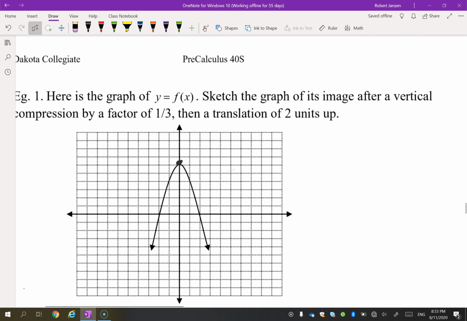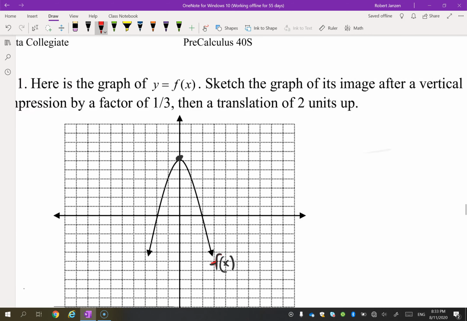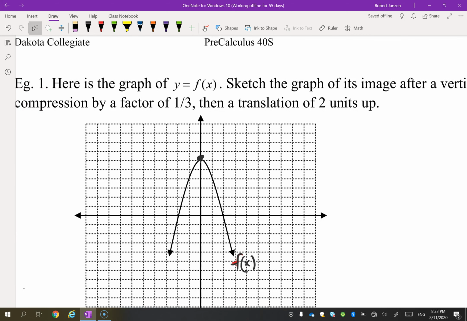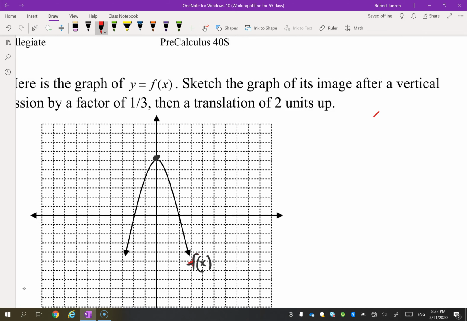Here's the graph y equals f of x. So we're calling this f of x. It says sketch the graph of its image after a vertical compression by a factor of 1/3. Vertical compression means multiply y by 1/3 and then translate 2 up.